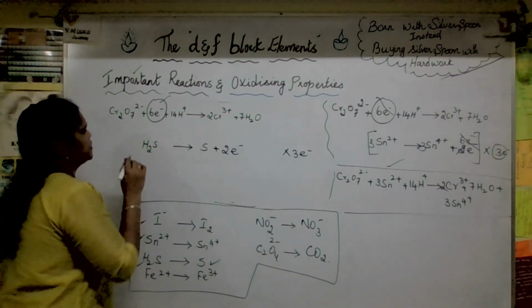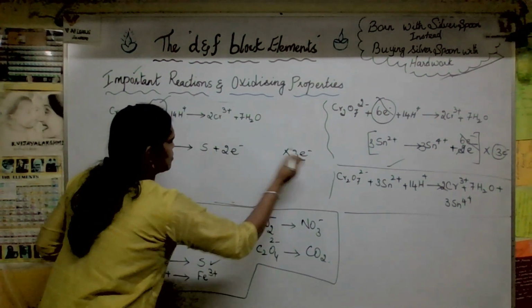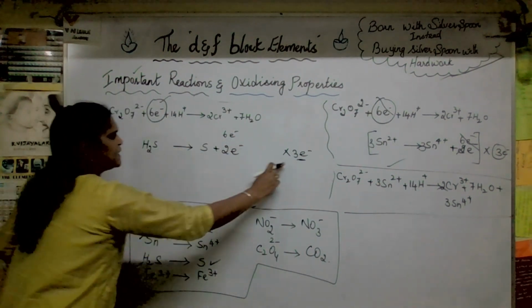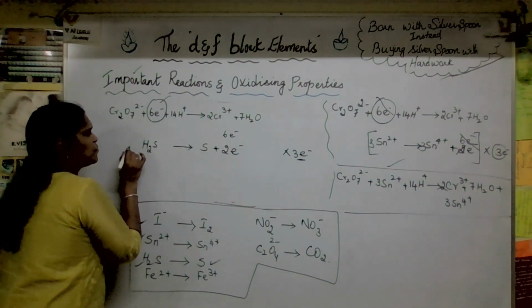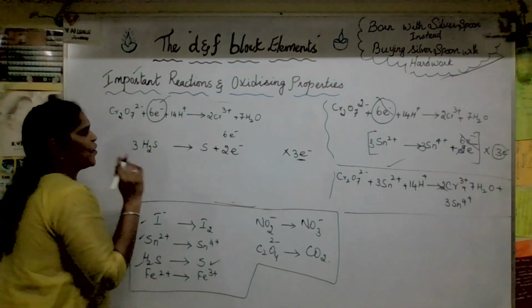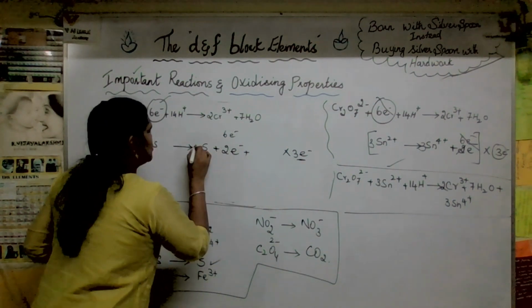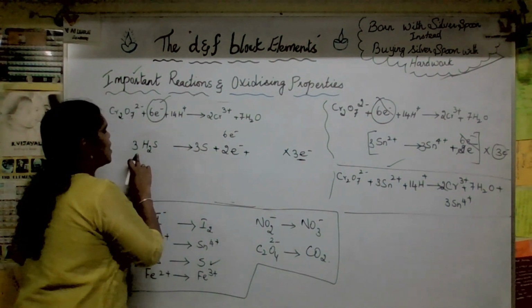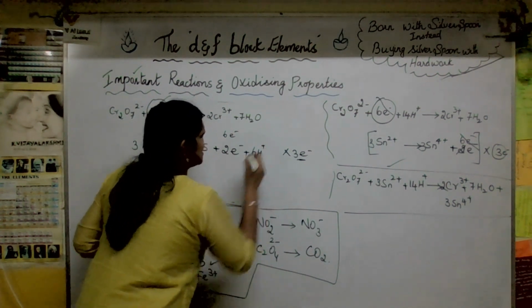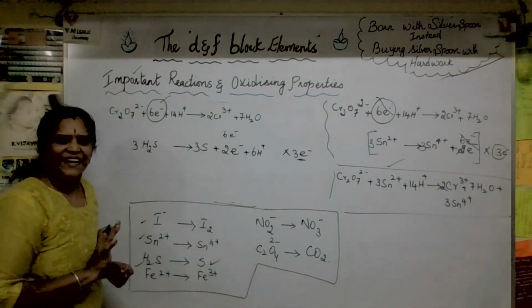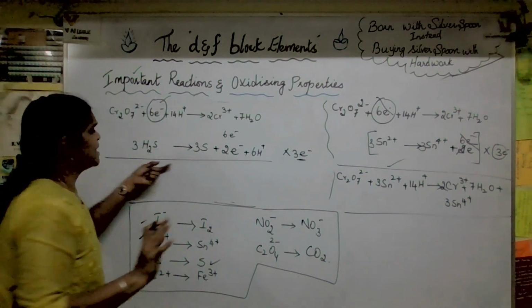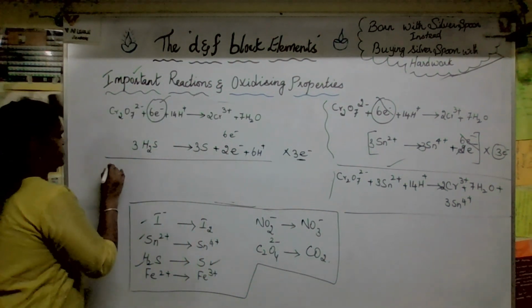Now suppose here 3 means here you will get 6 electrons, and here 3 means here what is it? 3 only. Why? 2 threes are 6. Now here you will get 3, and how many H plus ions does it release? 6 H plus ions. Got it? Now you have to write the balanced equation.